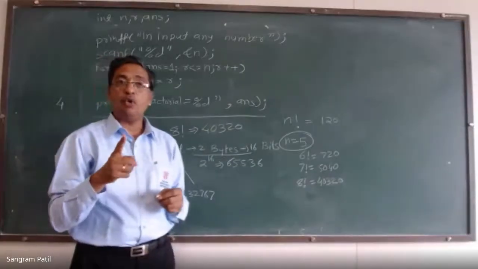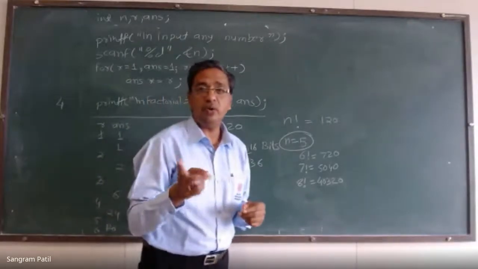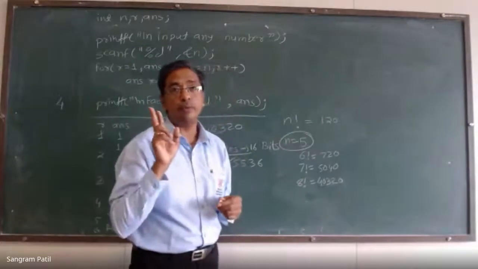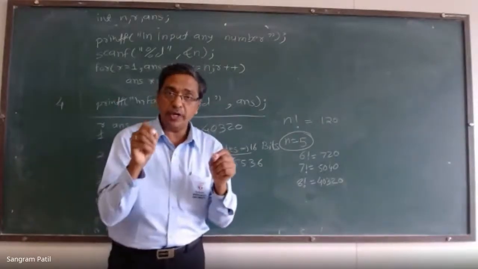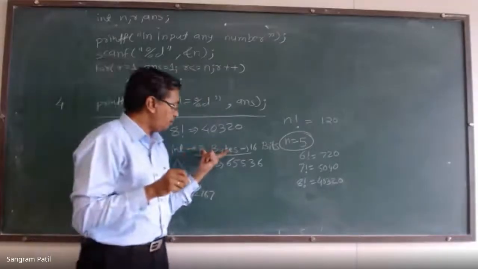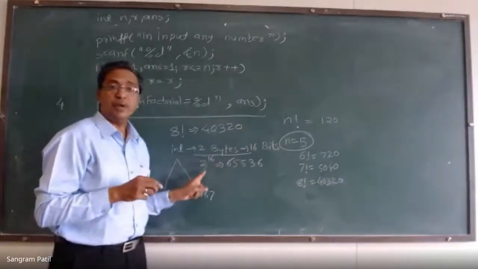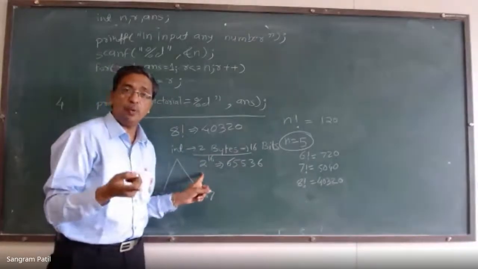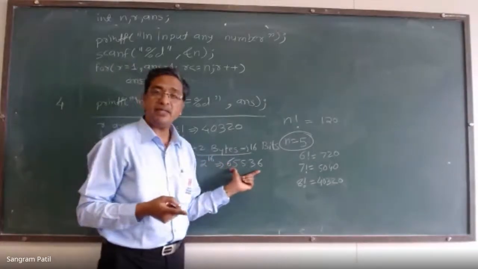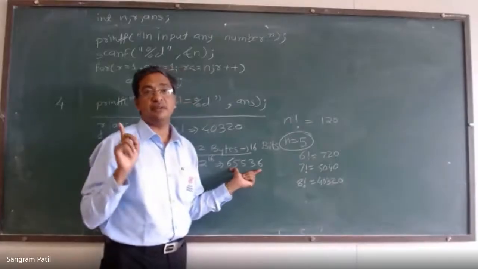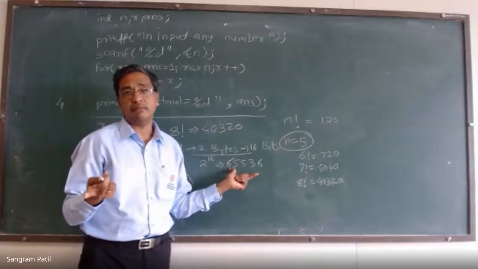1 bit can hold either the value 0 or 1, as it is a binary or machine language value. So the maximum number we can store in a number with 2 bytes is 65536, 2 raised to 16. Why 2? Because either we store 0 or 1. 2 bytes means 16 bits, so 2 raised to 16, we can save a maximum of 65536 numbers. Now, a number may be positive and may be negative.